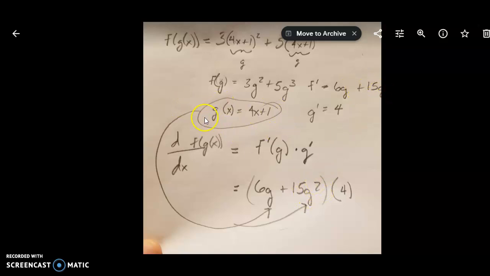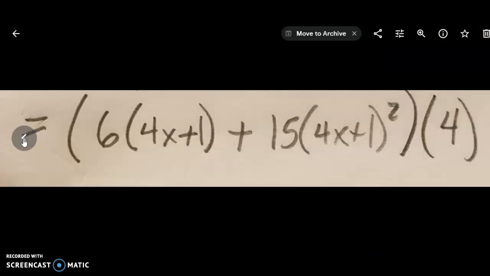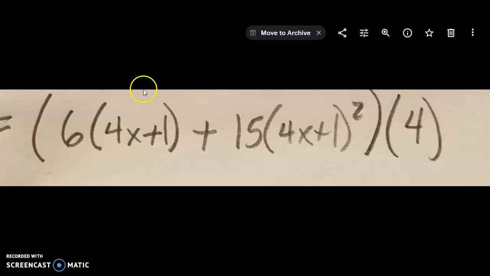So I'm going to have to stick that g in for all the g's. Then g prime was 4, so just multiply by 4. Okay, so 6 times 4x plus 1 plus 15 times the quantity 4x plus 1 squared. I closed that in parentheses and said times 4. If you really want to move the 4 in front, that's fine. This is a great answer.